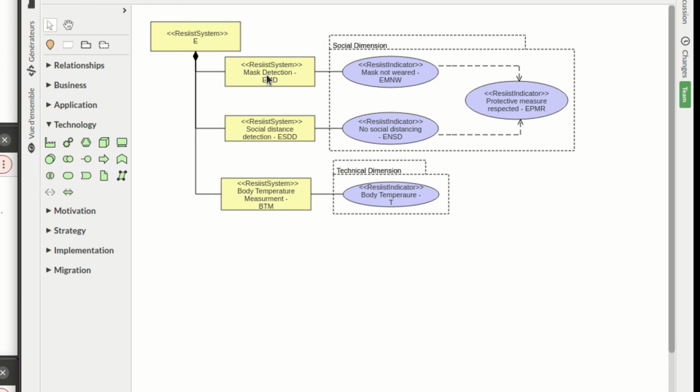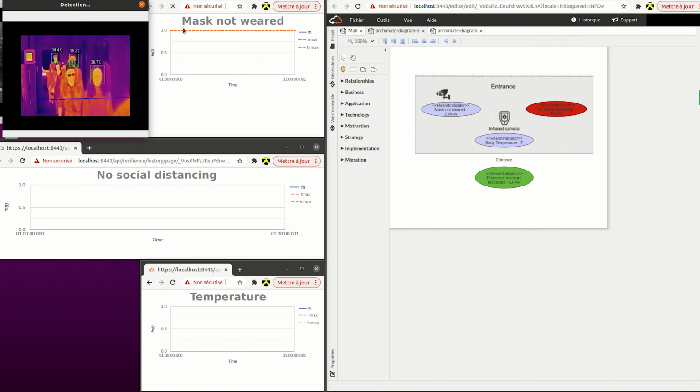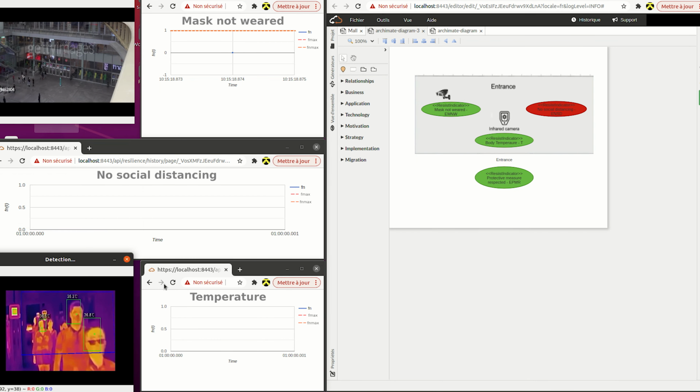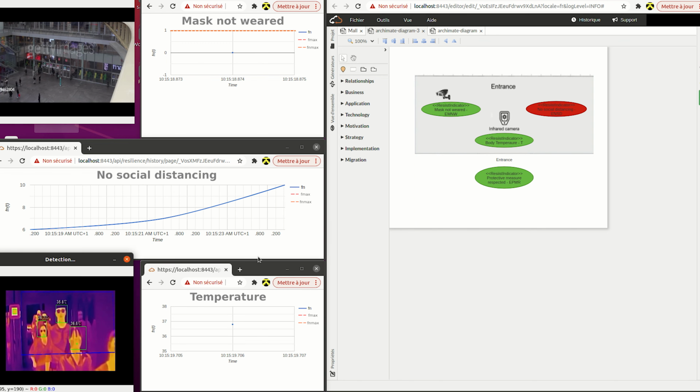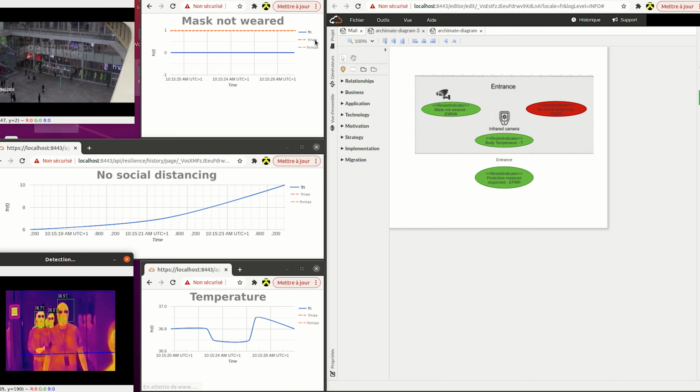There is also a conceptual view. The charts are displayed on the left, showing the camera data evolutions, while the 2D view on the right displays the indicators, where resilience equal to 0 is red, 1 is green, and between both is orange.